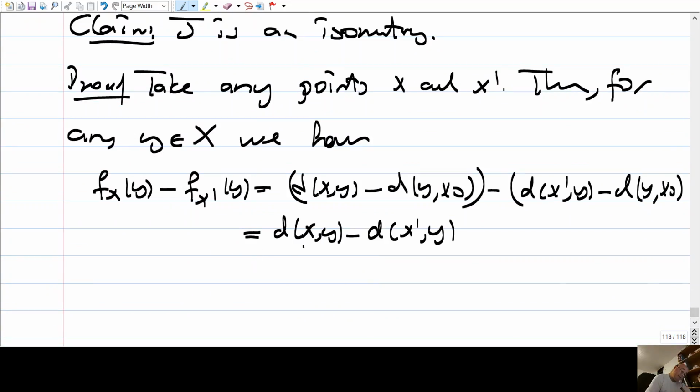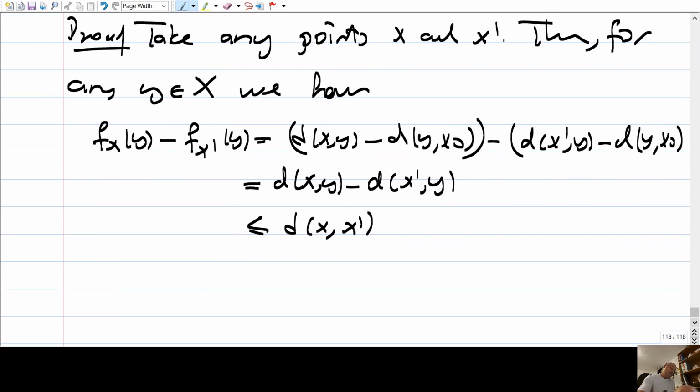So this is less than the distance between dx and x prime. Okay, and this is true for any y in x.